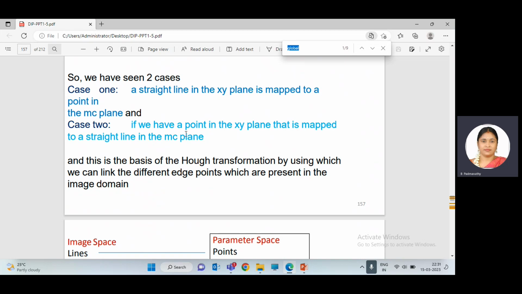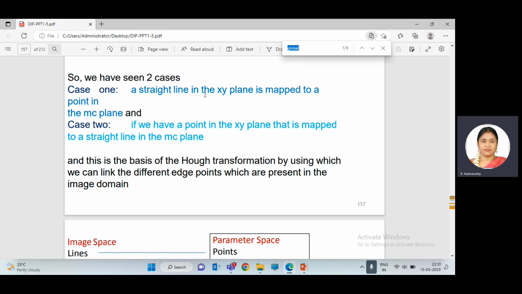So here you can identify either a straight line is mapped to a point, or a point is mapped to a straight line. Both conditions exist.